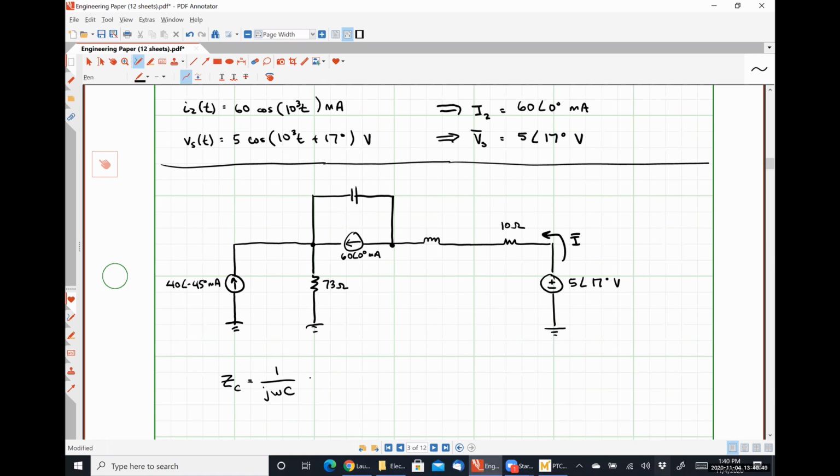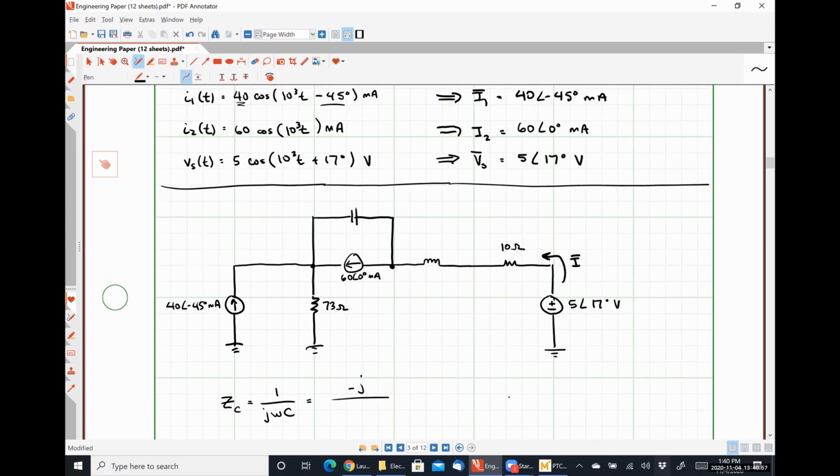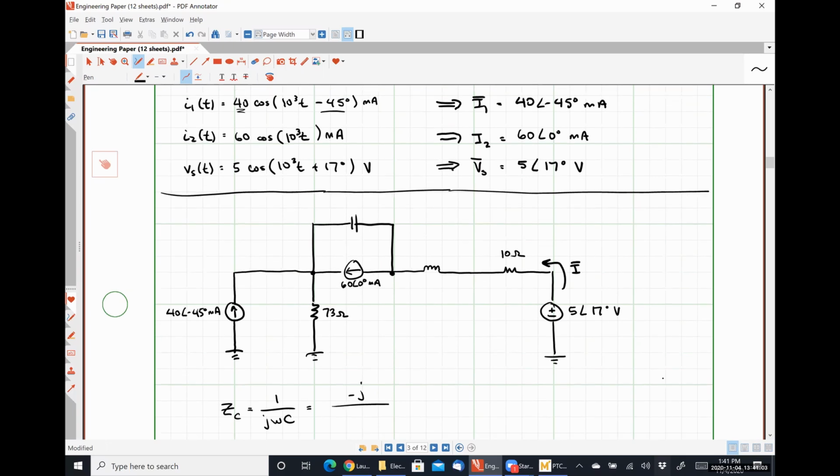Absolutely right. So that's going to be the same as negative j divided by omega c, where omega in this case is what? It's known.